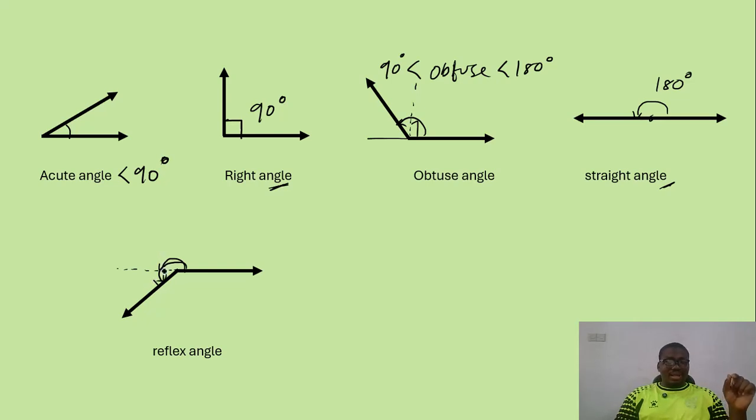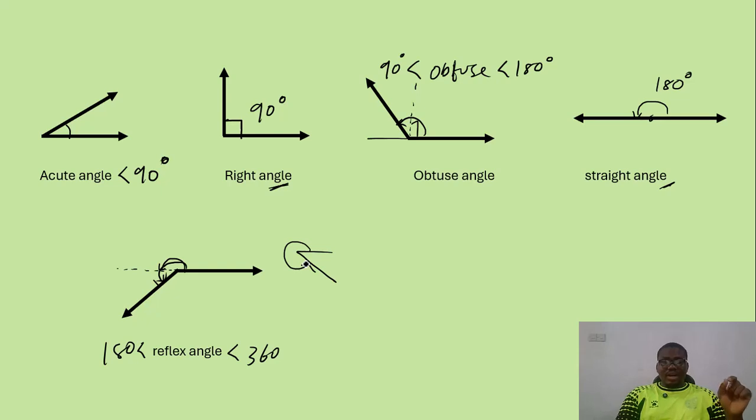And because it's greater than 180 degrees, you can say if this is 180, 180 is less than reflex, and reflex is less than 360 degrees. So you can have a reflex that looks like this, you can have a reflex that looks like this, but it's not up to 360 degrees.